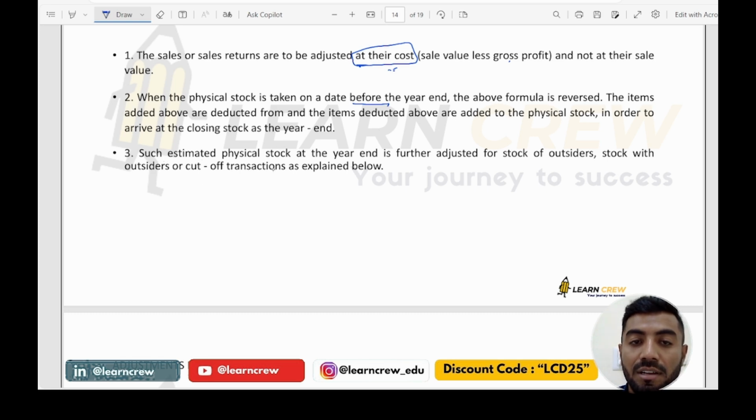Such estimated physical stock at the year end is further adjusted for stock of outsiders, stock with outsiders, or cut-off transactions, as explained below. What happens here? After doing all of this adjustment, we will be arriving at a closing stock value. Okay. Here there will be some further adjustment, as in some stock of outsiders, stock with outsiders, or some cut-off transactions will be given. What is this? We'll look into that in the next slide.